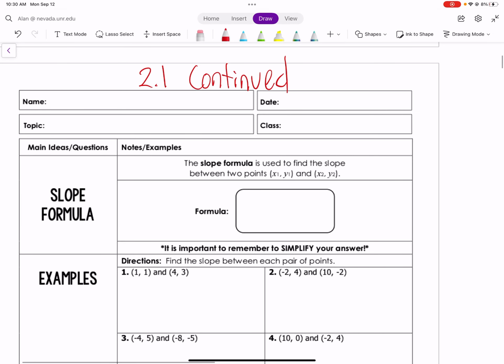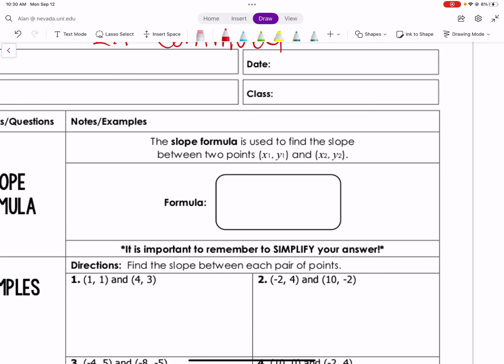Now we're going to talk about our slope formula. So the slope formula is used to find the slope between 2 points, x1, y1, and x2, y2. So here is our formula that we will use. Fill this in with me. M is equal to, remember, M always represents our slope. That's always the variable we use for slope.